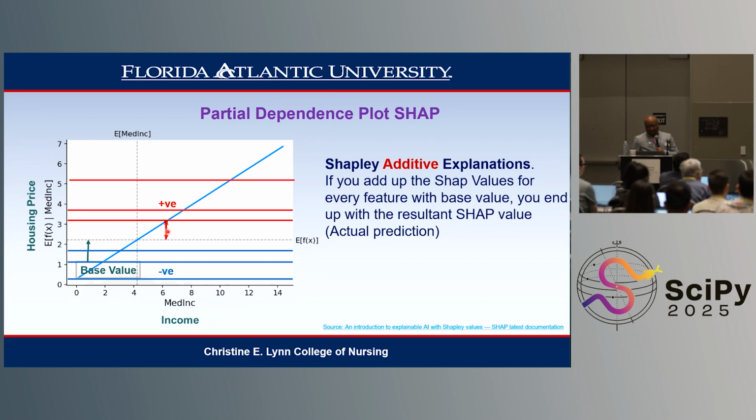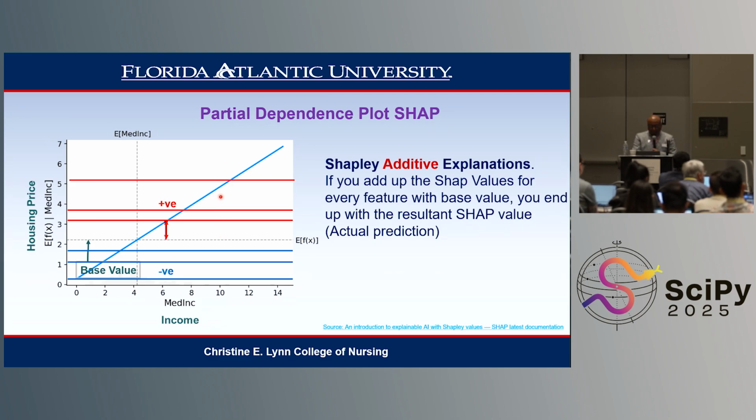So this, I tried to be a little artistic for this presentation. SHAP linearity: if you add up the SHAP value for every feature with the base value, we end up with the resultant actual prediction for the particular instance. So for every other feature, we already checked income.